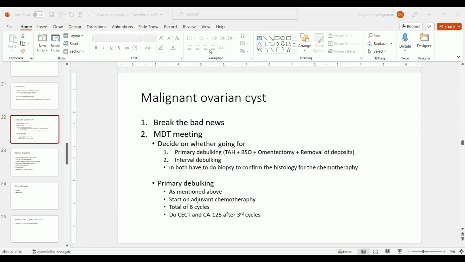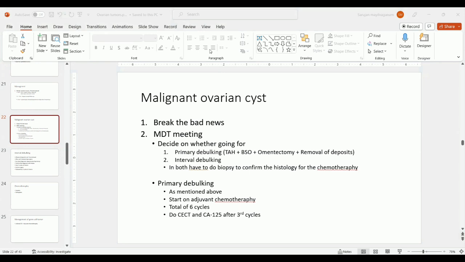We can do it in a patient who can tolerate that huge surgery, because this surgery needs a long period of time, like 7 hours, 8 hours. Some patients can't tolerate it due to their condition, commonly the elderly population.